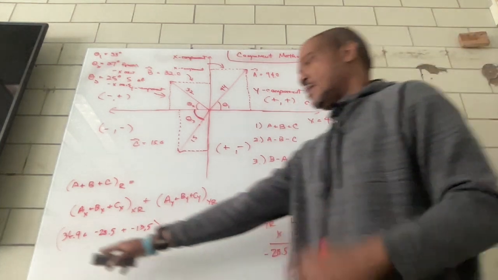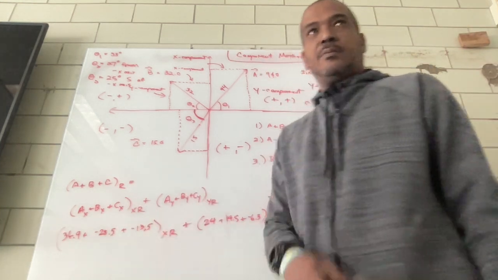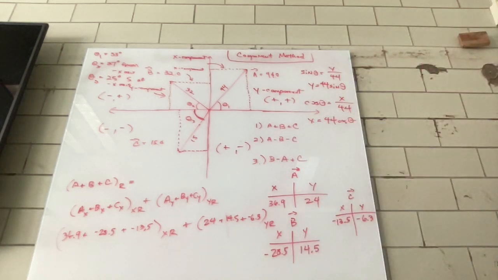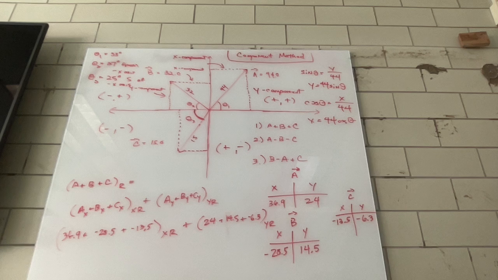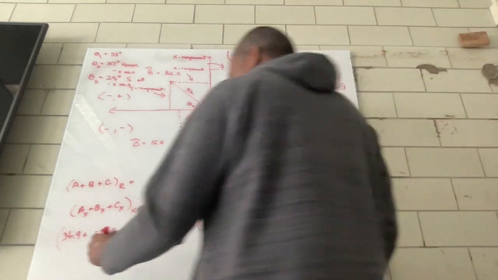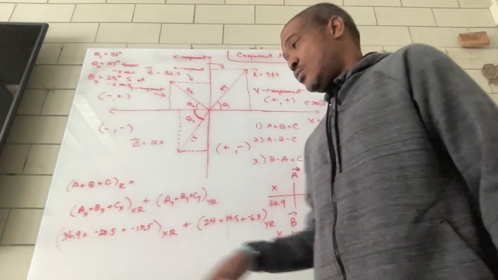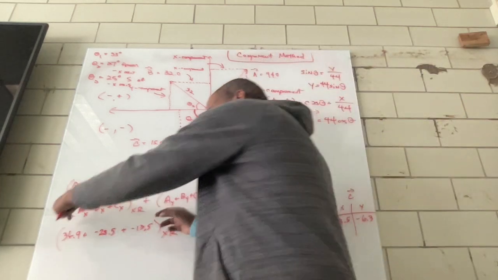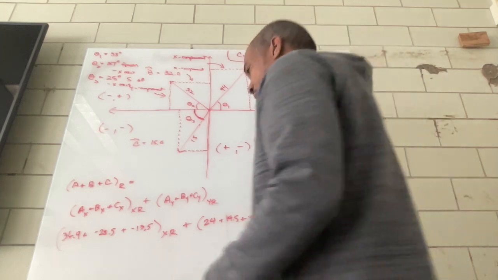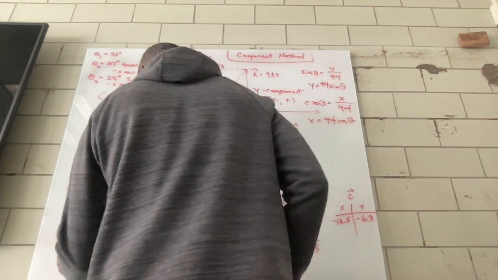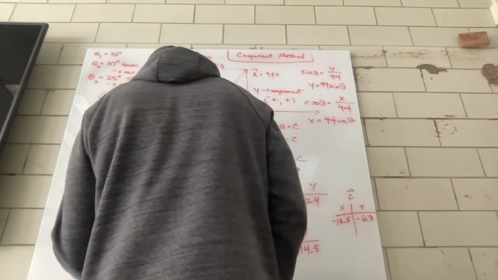So when I add these up together, what do I get here? Somebody tell me. So 20. All of it? No, or just the X? Just these, these are in the bracket. What is it? So negative 5.1.